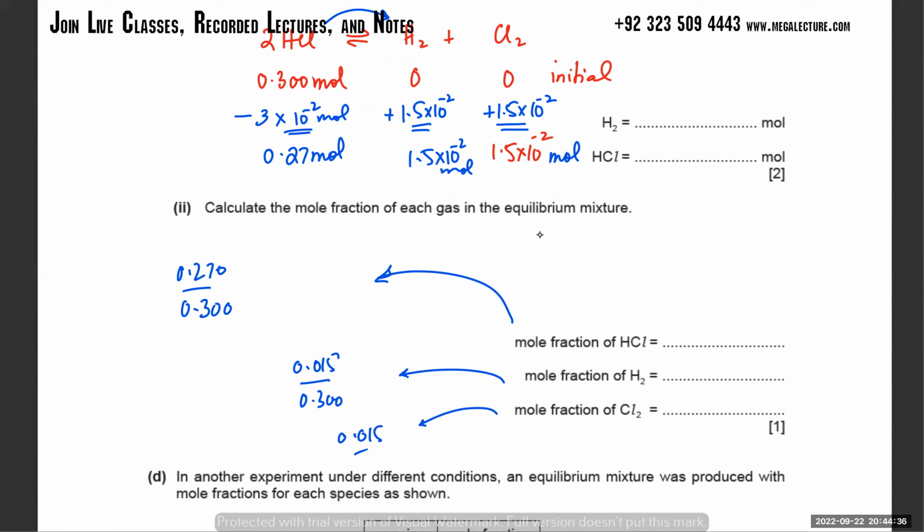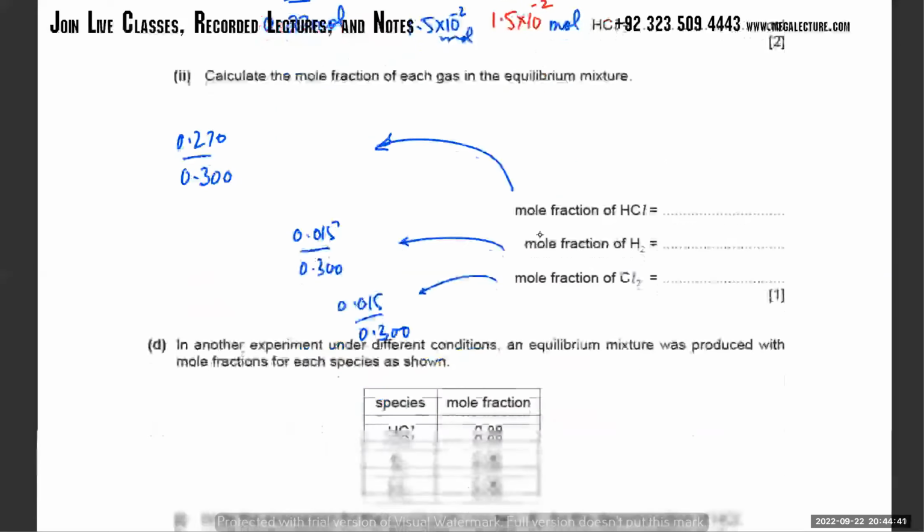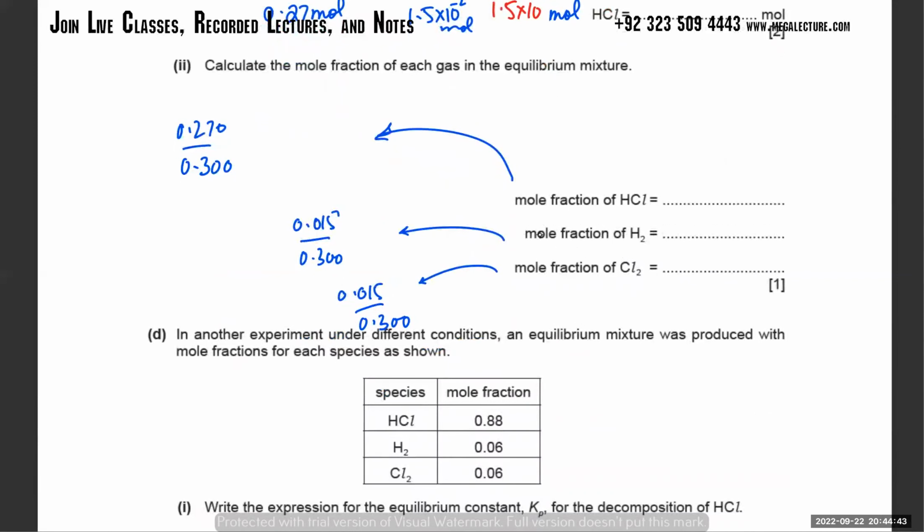So what are the values that we're getting? 27 divided by 30, that's 0.9. 9 over 10, that's 0.9. And this one would be 0.05.